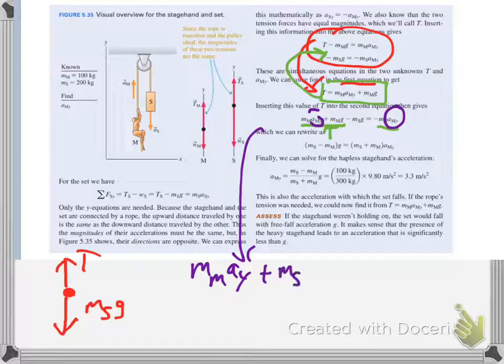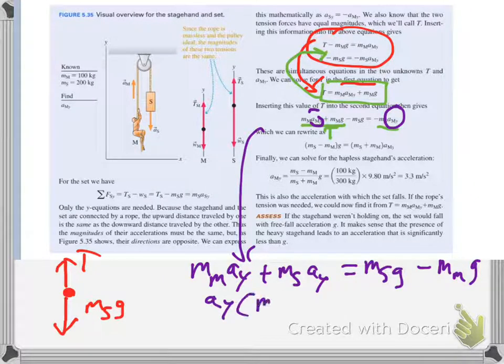And then ms ay, so I'm adding this to the right hand side, and then I'm going to move the others to the other side. ms g minus mm g. Okay, so now we can just pull this out. mm plus ms, and then we have g times ms minus mm.